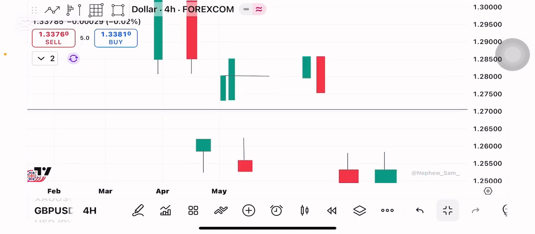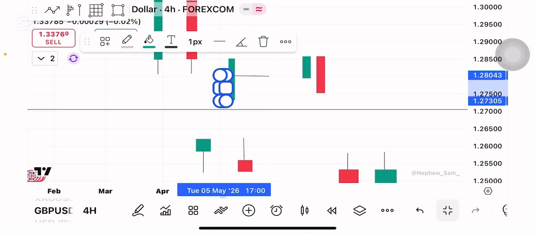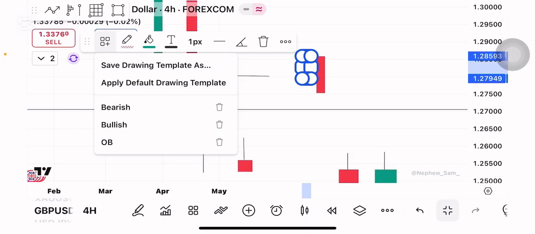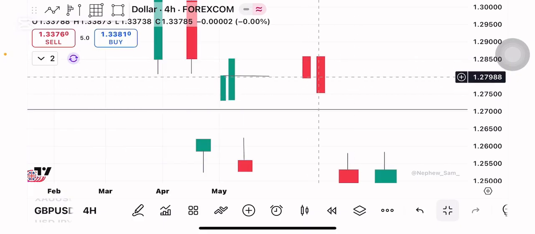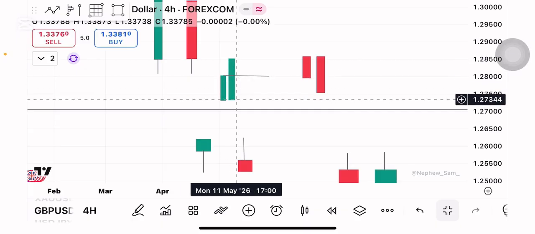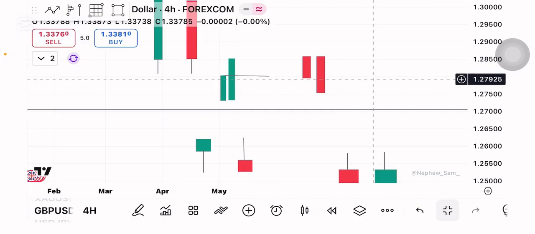And we have our bearish, which is this particular one. We have bearish, bullish. So they are like four. Either they are the same color, or they are the opposite color. This one will be your green, this one will be your red, or they are the same color. So those are our typical order blocks we trade. I know there's a definition of an order block as the last bearish candle before a bullish momentum.